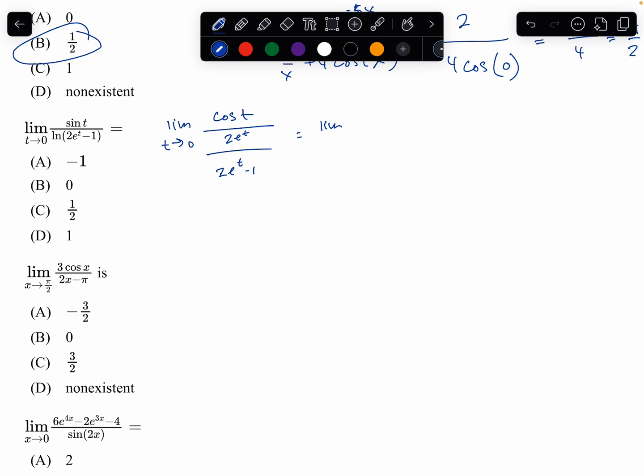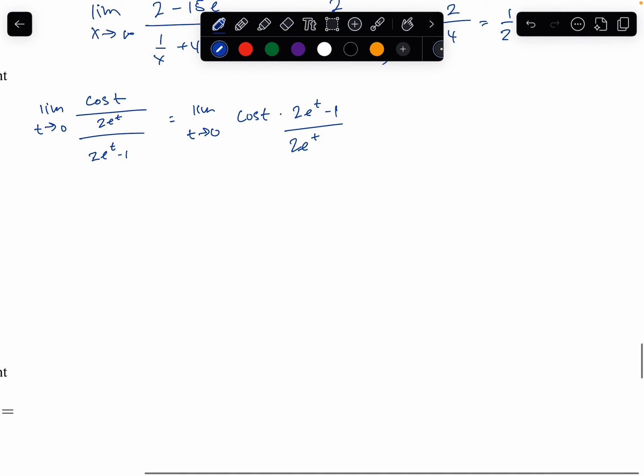Well, let me get rid of the complex fraction. So keep cosine of t times by the reciprocal. So 2e to the t minus 1 over 2e to the t.